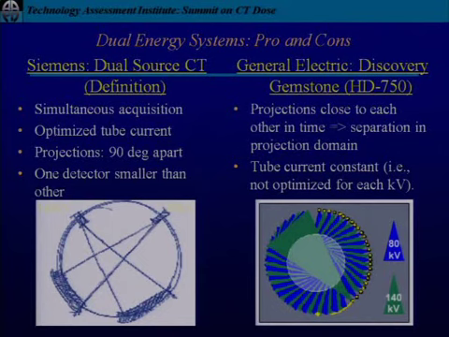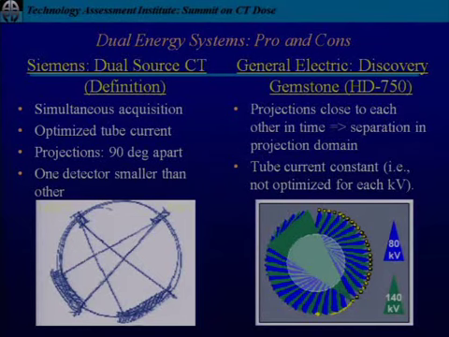Okay. And here are some of the pros and cons. You're doing simultaneous acquisition in the dual source scanners. You can optimize the tube current for each one of them. So the 80 kV tube and the 140 kV tube can operate at 2 different tube currents, and those can be modulated. If you are doing fast kV switching, then you are doing voltage modulation.